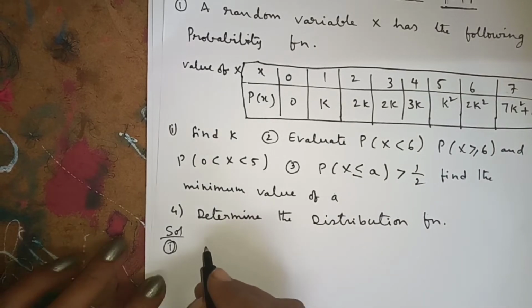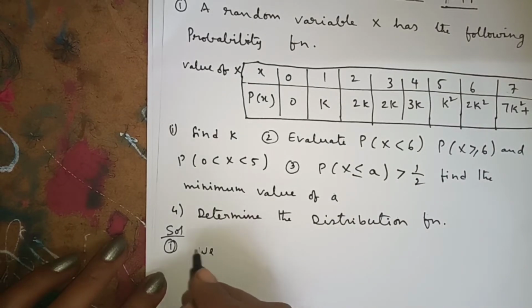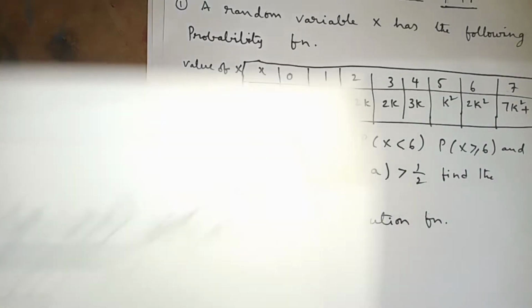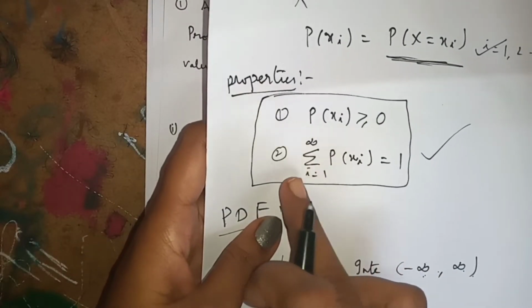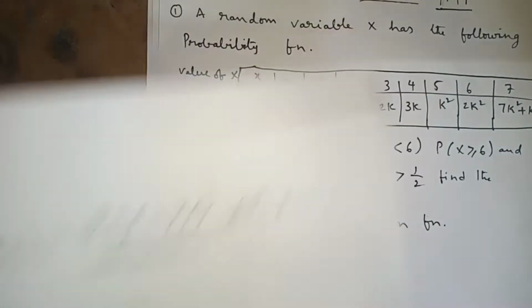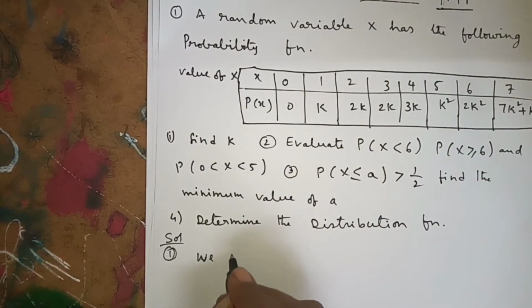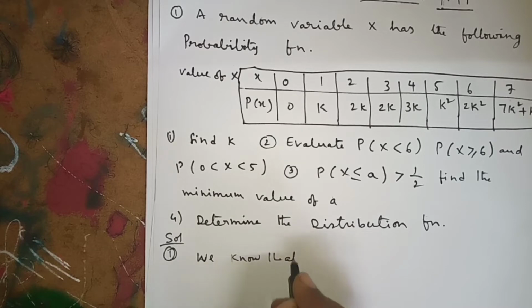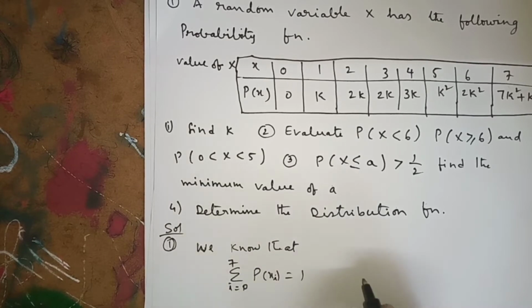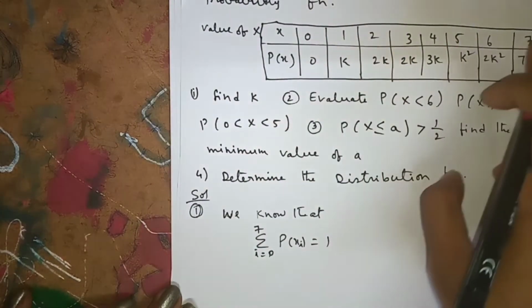Therefore we know the property of PMF. Sigma i is equal to 1 to n, p of xi is equal to 1. While explaining the PMF I told you. Here sigma over 0 to 7, p of xi is equal to 1, because here 0 to 7 is there.